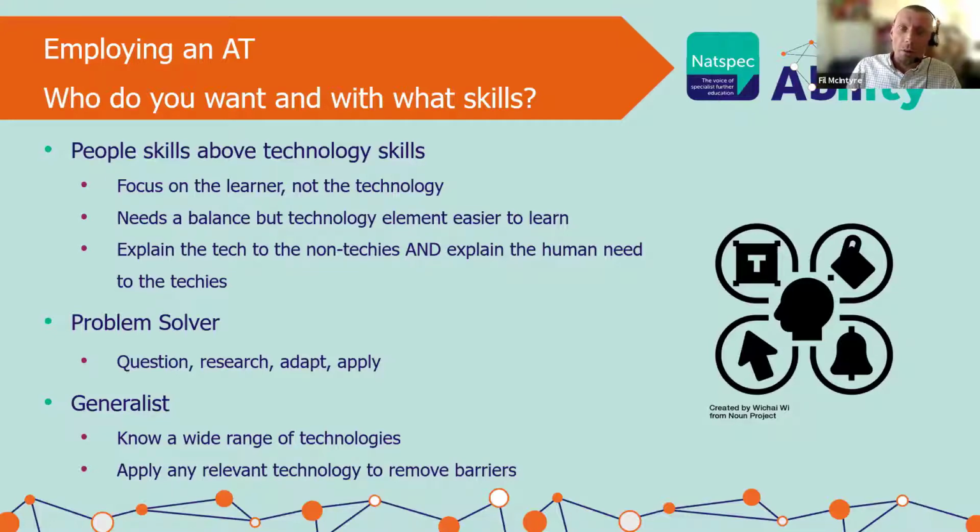Assistive technologists will interface with IT departments a lot to try and get things working and solved. So they need to be able to say the reason we need this opening up or we need this available for all students is so that they've got access, and be able to explain that in a way the techies understand. So it's quite a specific role in that way.